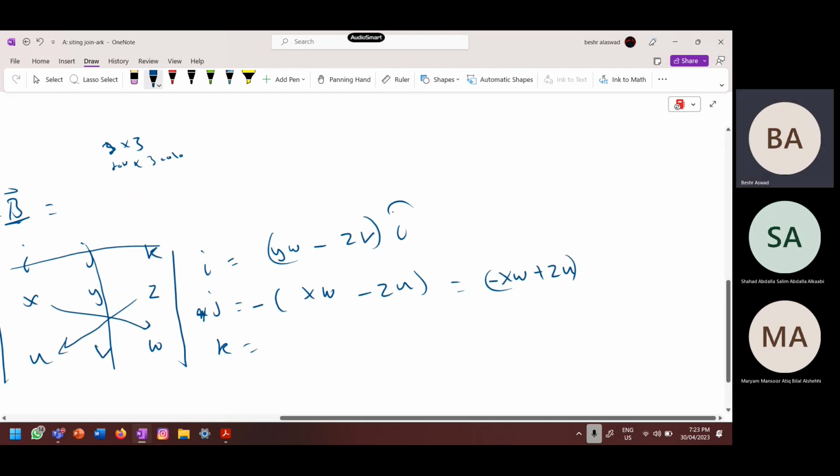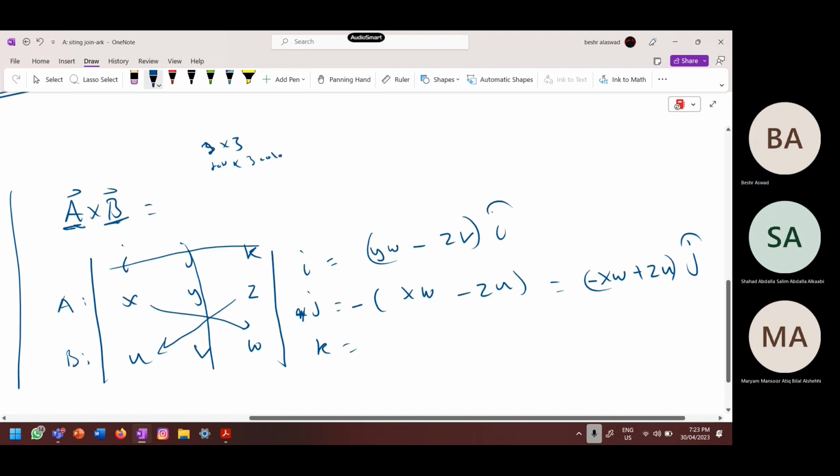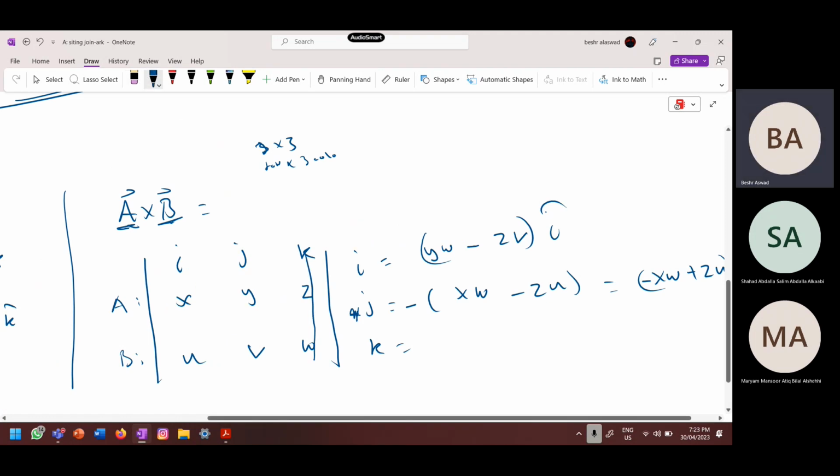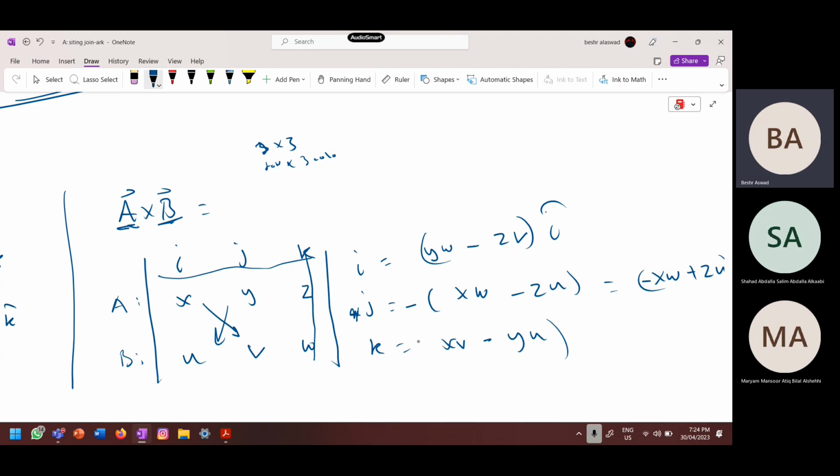I hat, j hat. As for k, the same thing. You need to cross the k column and the first row. This will need just a simple cross multiplication or finding a smaller determinant. This will give you xv minus uy. This is the k component.